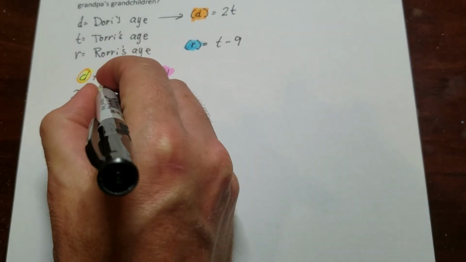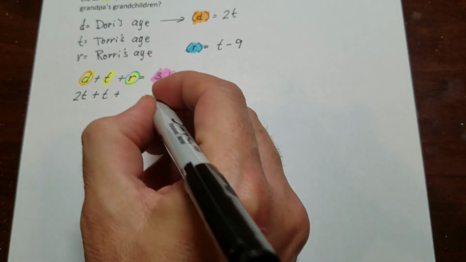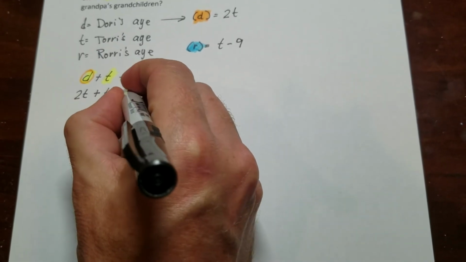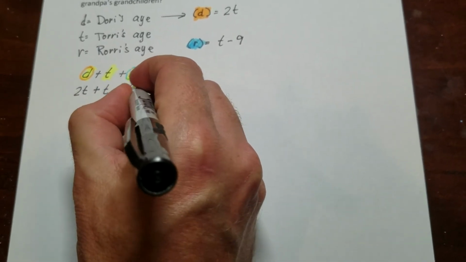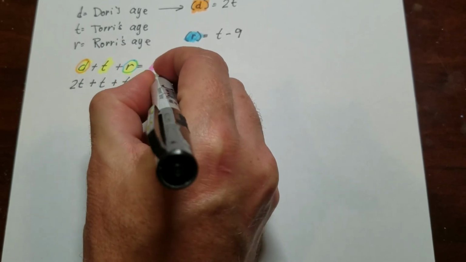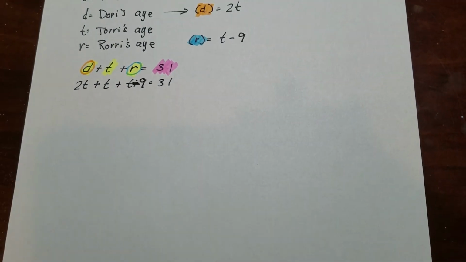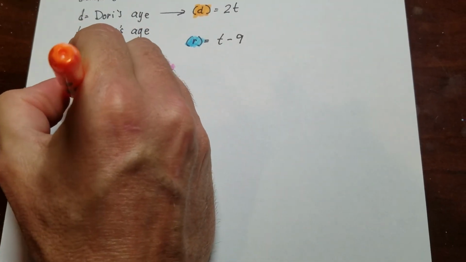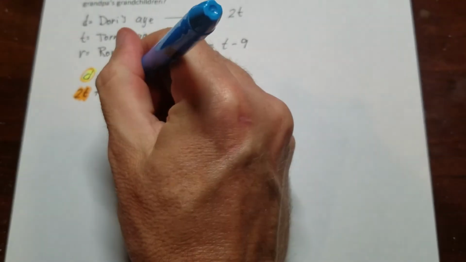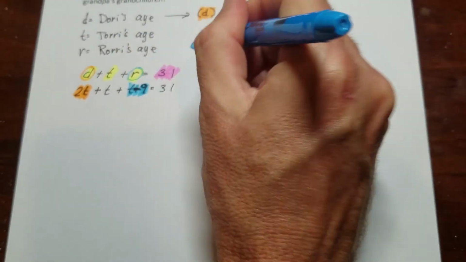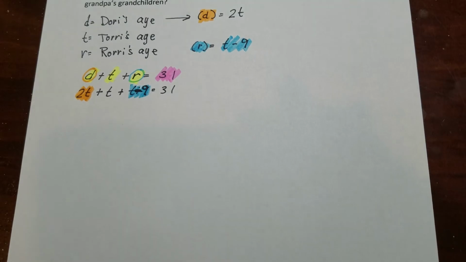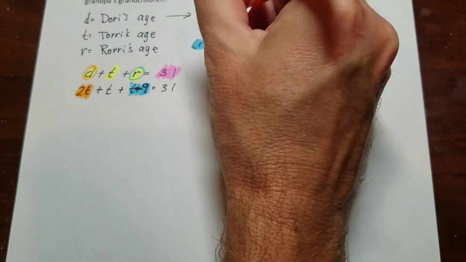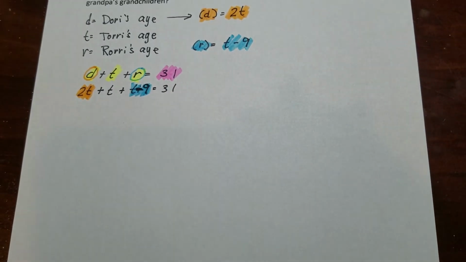We don't know anything about Tori yet. And we figured out that Rory was T minus 9. So all I did here was replace D with 2T here. And then I replaced the R with T minus 9 because we figured that out up at the top here. And that's really what's involved with this.